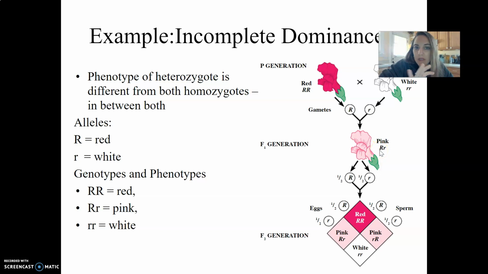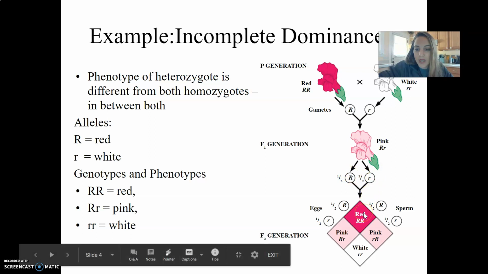So that's where we see this incomplete dominance, that the red is not completely covering up the white, but it's more blending together. And then what happens here is if we crossed two heterozygous plants together, you would end up with 25% red offspring, 50% pink, and 25% white.